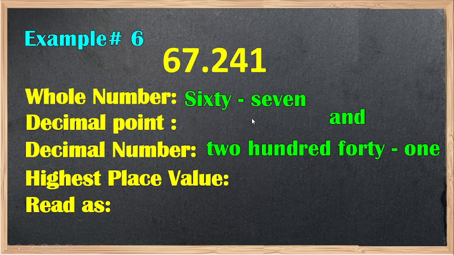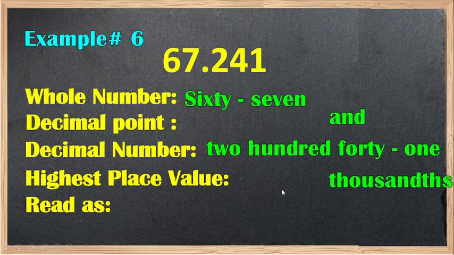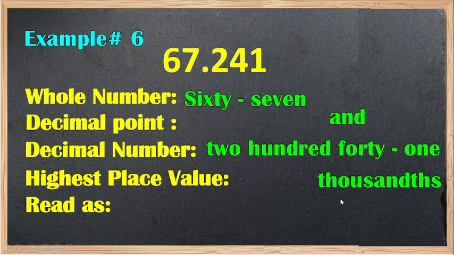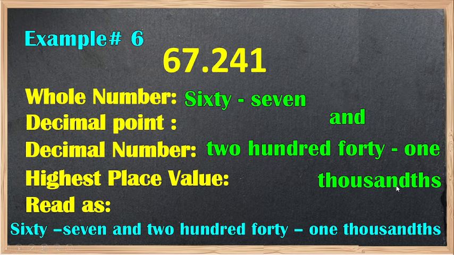Okay? And then combine by adding the highest place value, thousandths. 67 and 241 thousandths. That would be the answer. Okay? That's it.